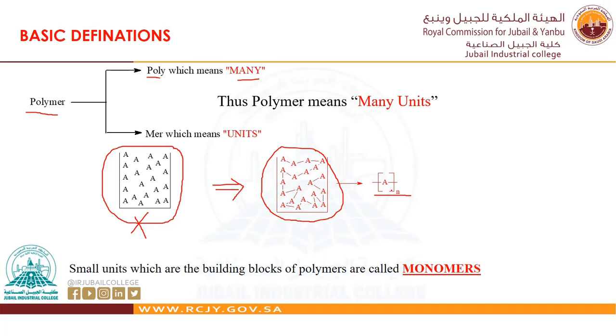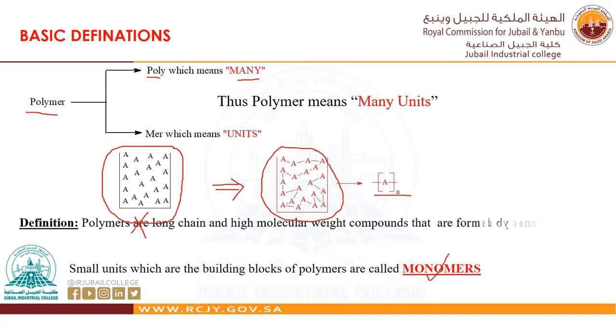So by definition, polymers are high molecular weight and long chain compounds that are formed by connecting small units together, and these small units are called monomers. These monomers are the building blocks of the polymers. Therefore, monomers are compounds or small units that are connected together under appropriate conditions to form a polymer.